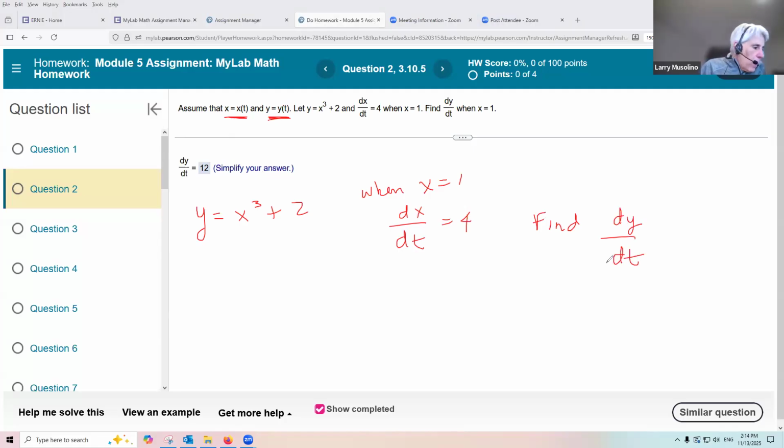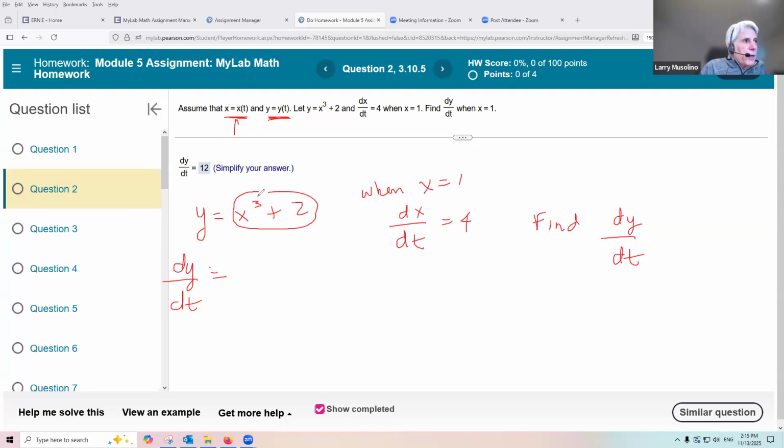All right, well, why don't we start out thinking about this as dy/dt. That's what they're asking us for. And I'm going to take the derivative of this function, but I have to remember that x is a function of t.